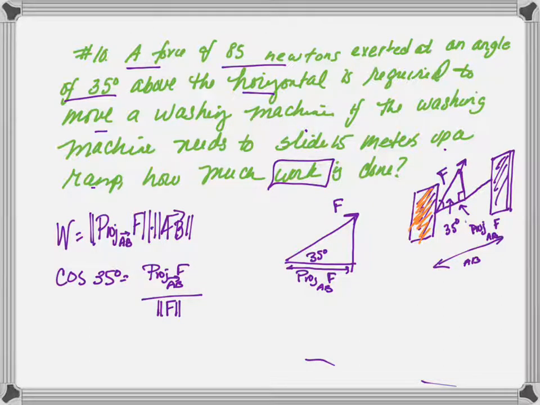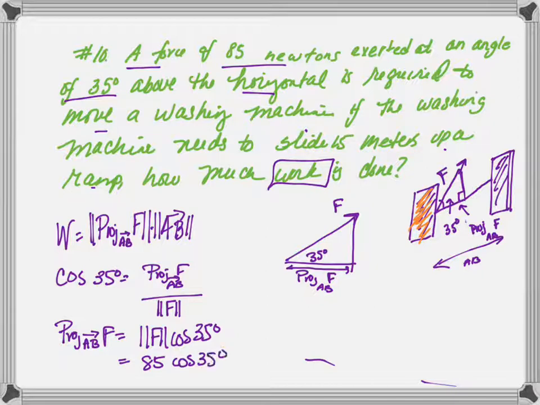So the projection of F onto AB is equal to the magnitude of F times the cosine of 35 degrees, which is equal to 85 times cosine of 35 degrees.